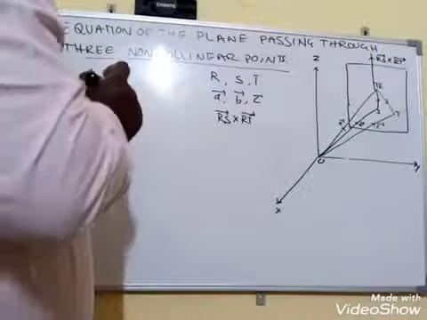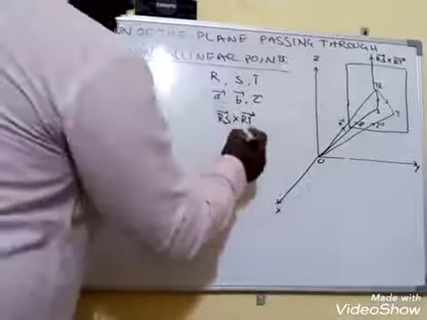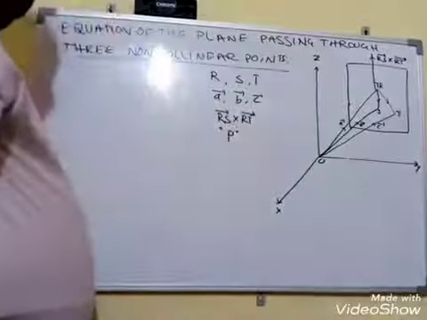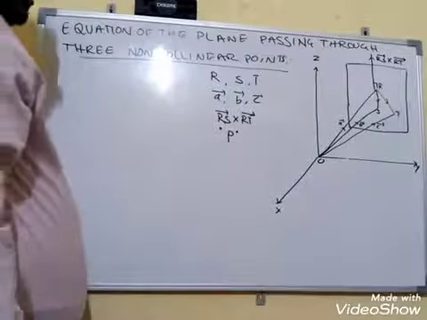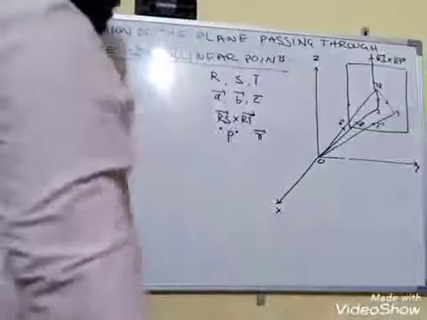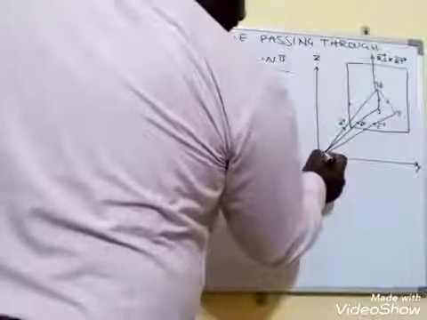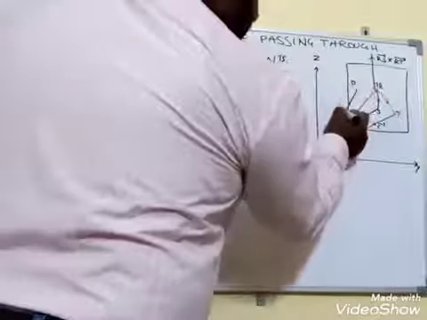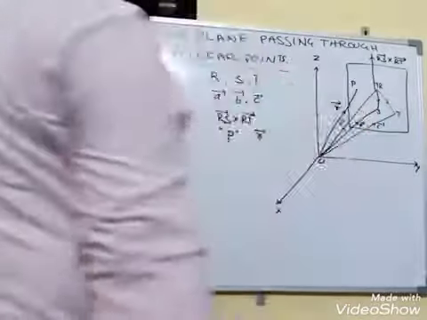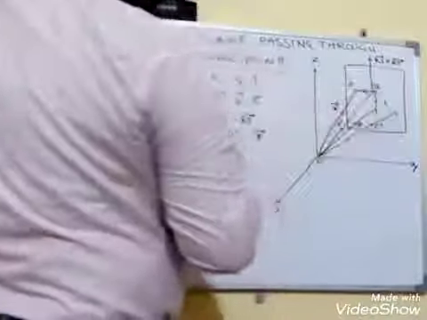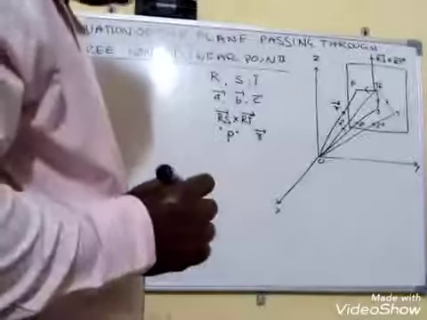Okay. Now here, let P be any point on the plane with position vector R bar. That means I am taking a point in the same space with position vector R bar. Now if I join this one, this is the RS bar, and here RP bar.